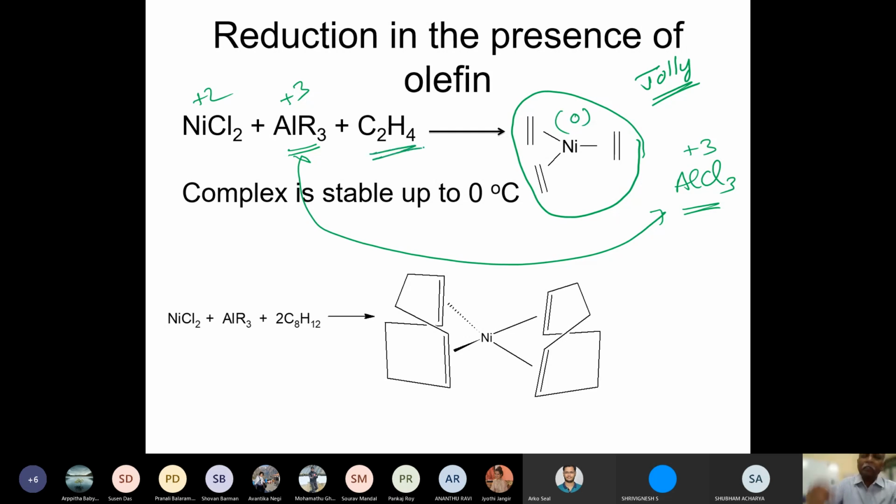Ethylene has not undergone any change. So what is happening? Actually, nickel must be forming a NiR2 species within brackets because it's highly unstable, and then the R-R bond is formed, plus nickel 0 must be generated. So this generation of nickel 0 in the presence of ethylene results in the formation of a complex. Notice this complex. What would be the electron count of this complex?